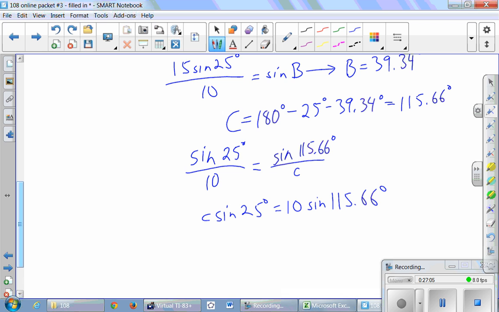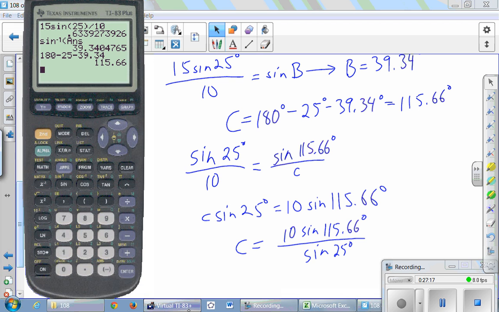And then divide both sides by sine of 25. And then we'll type that in and we'll be done. We'll have c. Okay, 115.66 is the second answer, so we'll use that instead of rounding, and then divide it by sine of 25.